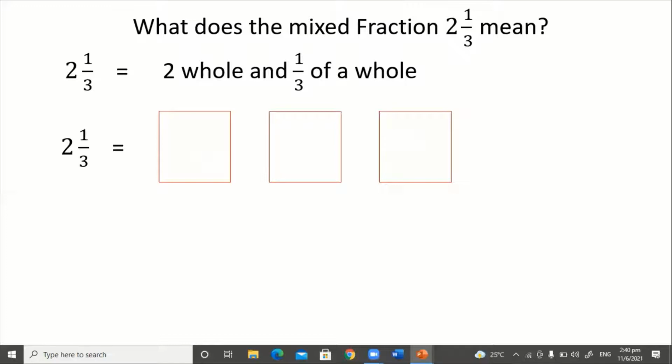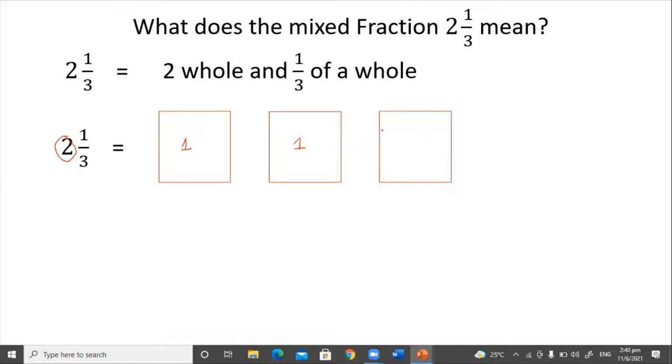So if I represent this graphically, this would be one whole, right? This would be another whole that would take care of the 2 there. So this would take care of the two wholes. And then now we have a third of another whole.